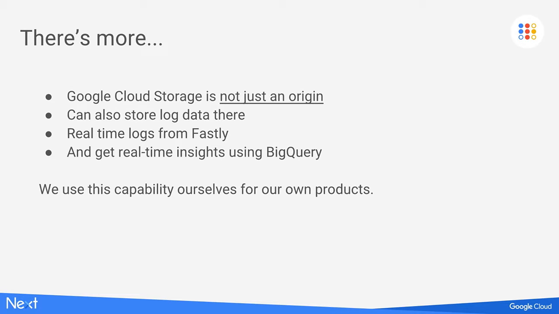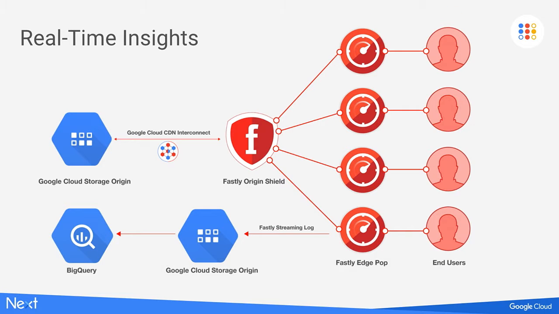And so we have these real-time logs that update in about a second, and we can stream those into Google Cloud Storage and then get that into BigQuery in pretty much real time. That's something we use internally very much. So you're kind of seeing that the two-way integration just creates a really nice experience for engineers, for developers, and operations.